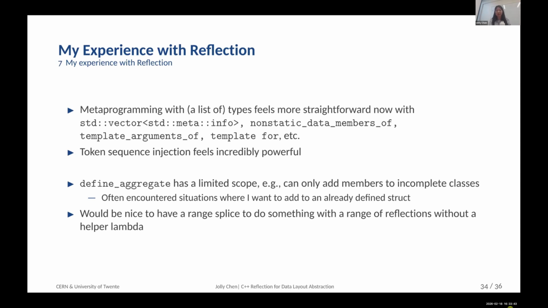Two things that I've already mentioned before is that define aggregate has quite a limited scope. I have had several occasions where I wanted to do something more than just defining new members, but I had to find a workaround to do that. It would also be nice to have something like a range apply so that I can apply something on the range of data members.